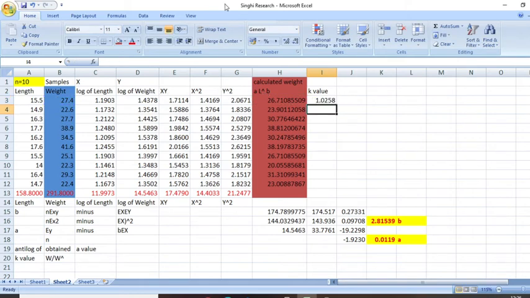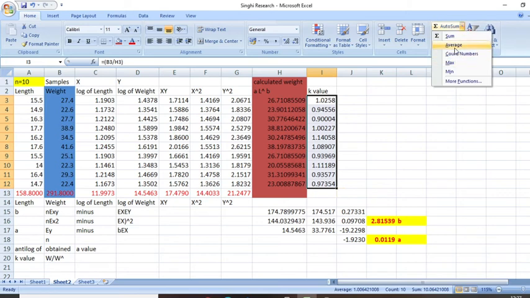You will get the k value. The k value is the condition factor, which indicates the overall well-being of the fishes. For these 10 fishes we need to take an average. The well-being of fishes above 1 is positively good.